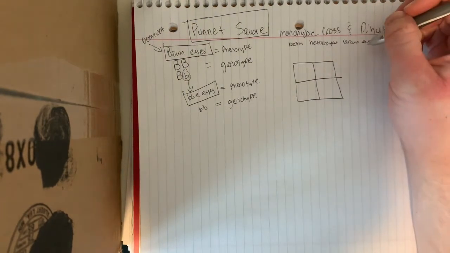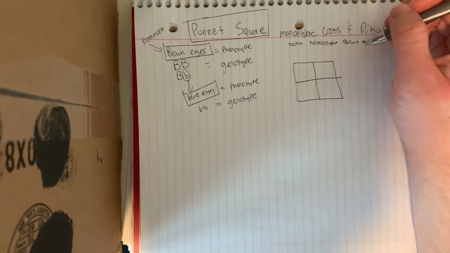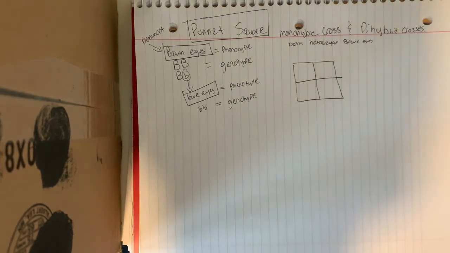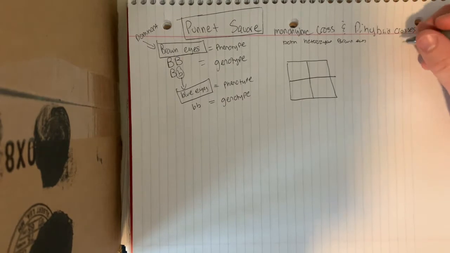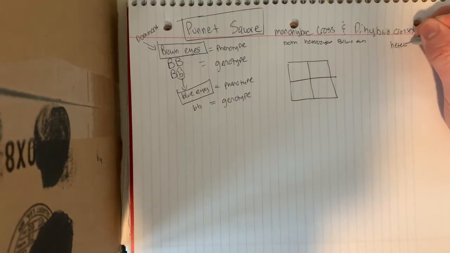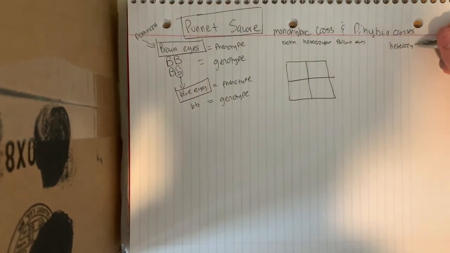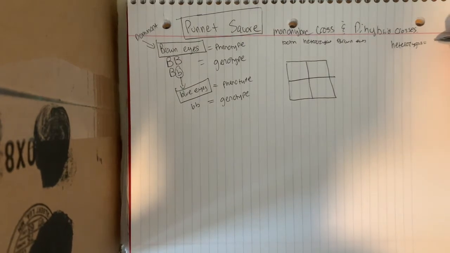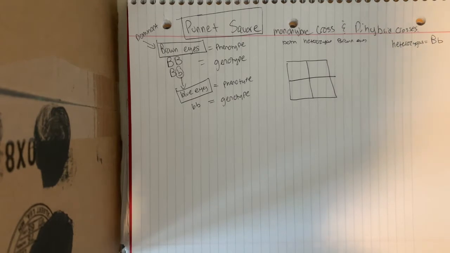So if you're heterozygous for brown eyes, that means, oh, you know what? Let's establish something. Heterozygous equals when you have big B and little b. And it doesn't have to be B, it can be anything.